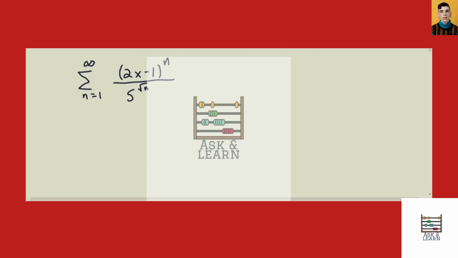All right, so from here we would first set our a sub n. We know that's going to be equal to (2x minus 1) to the n power over 5 to the n power square root n.